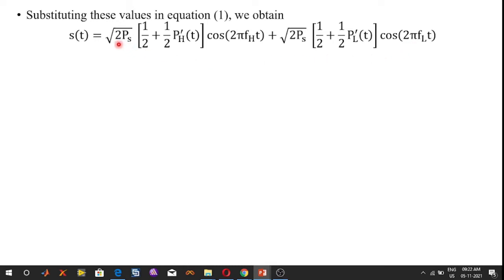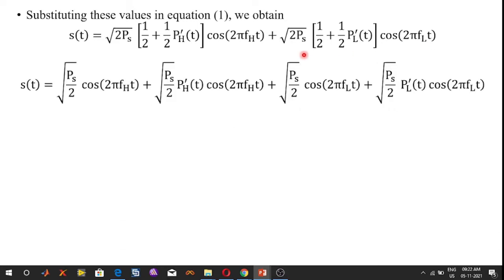So multiplying square root of 2 Ps cos 2 pi fh t within the bracket term, and the second term also multiplying square root of 2 Ps cos of 2 pi fl t within the bracket term, we get the expression S of t is equal to square root of Ps by 2 cos of 2 pi fh t plus square root of Ps by 2 ph dash of t cos of 2 pi fh t plus square root of Ps by 2 cos of 2 pi fl t plus square root of Ps by 2 pl dash of t cos of 2 pi fl t.